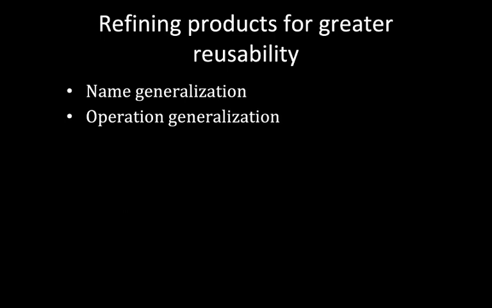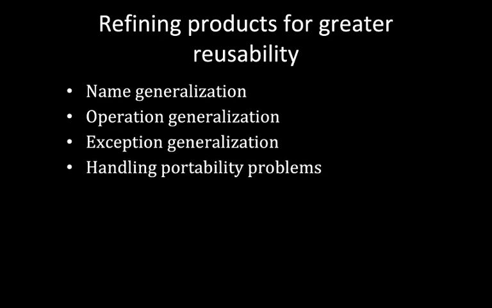There are different types of generalizations or refinements that we carry out. Maybe name generalization: we try to use all the variable names in a generalized manner. Then operations that are supported should be generalized. Then exception generalization should be there. Whatever exceptions it might generate, there should be a common exception mechanism.